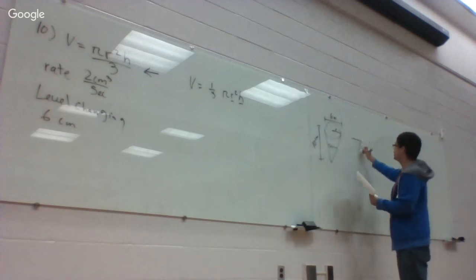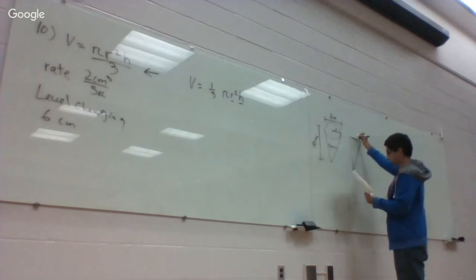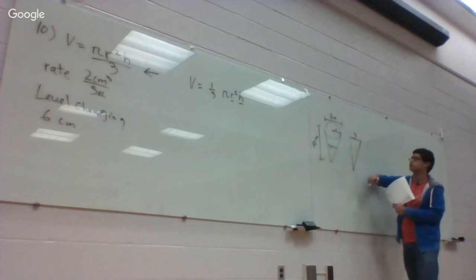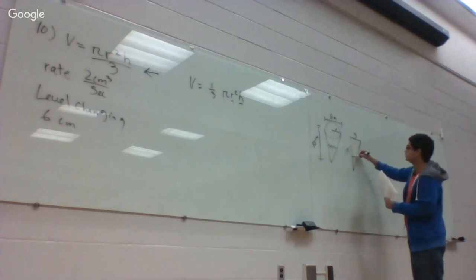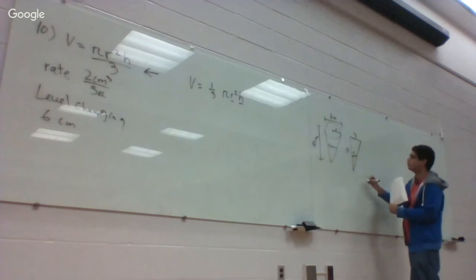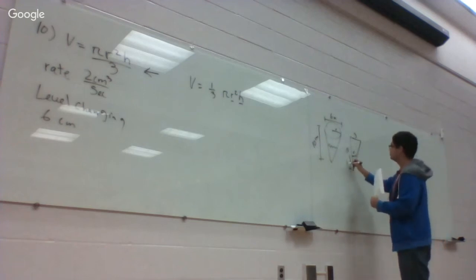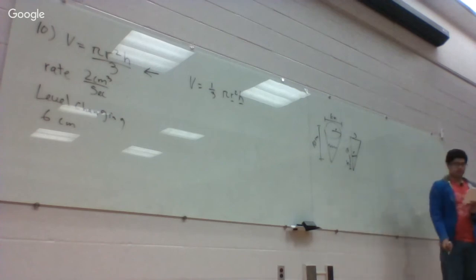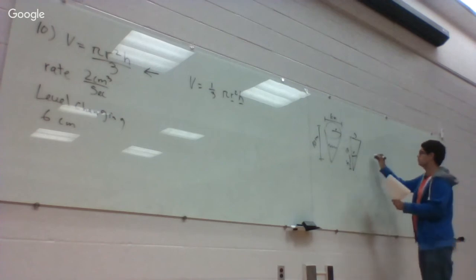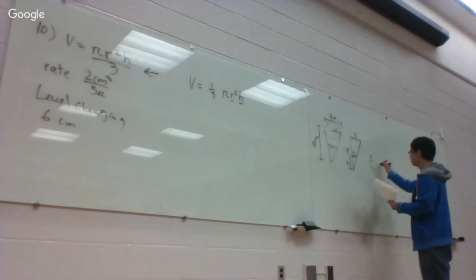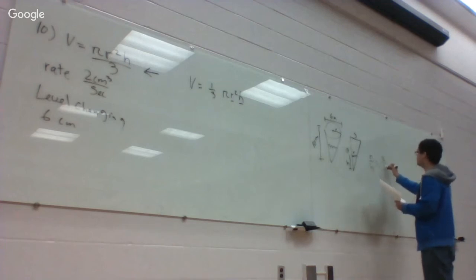So we can actually make a triangle. The radius will be 3, height is 10. Using similar triangles, the smaller radius we can call r, and this new height h. Okay? r over h is equal to 3 over 10. r is equal to 3/10 h.